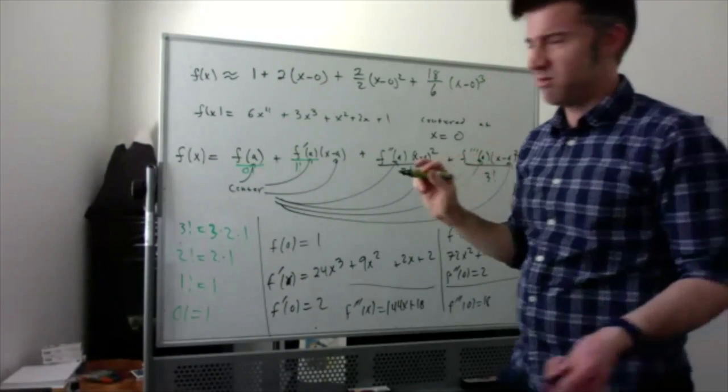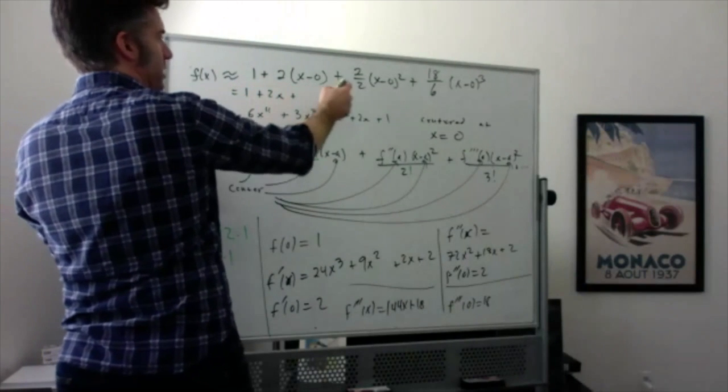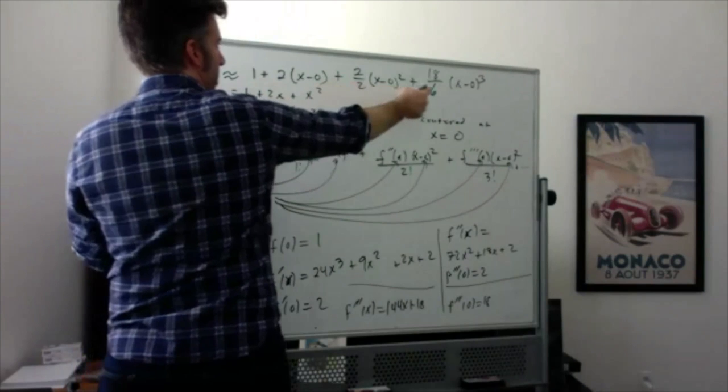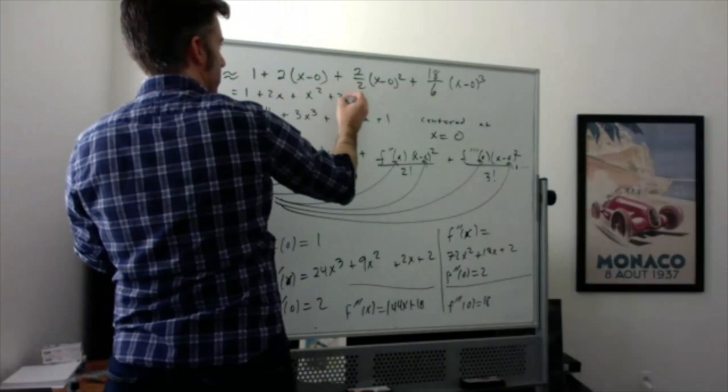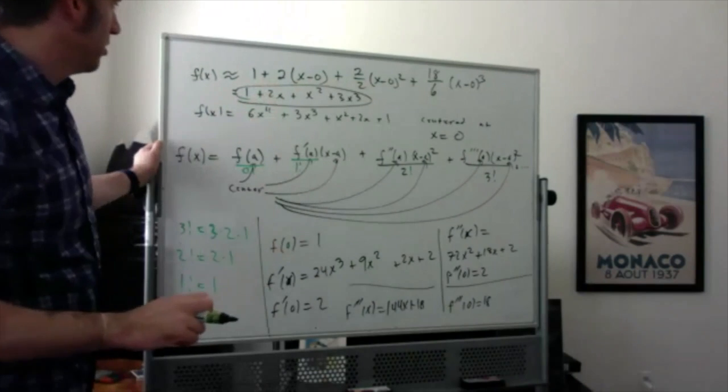But look, this is just 1 plus 2x plus x squared plus 3x cubed. I'm just missing that term.